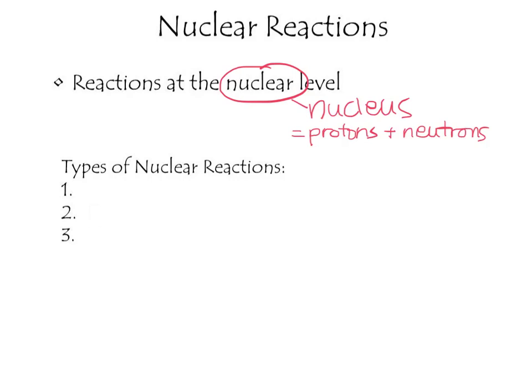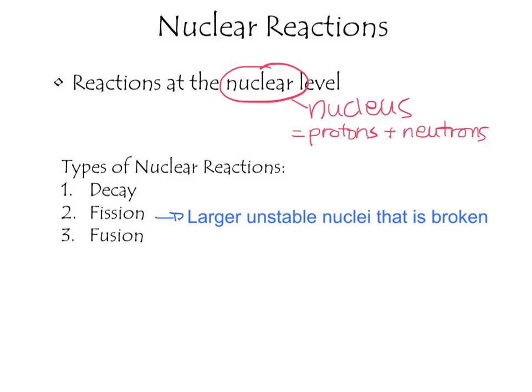There will be three types of reactions dealing with nuclear reactions. The first type is nuclear decay. The second type is nuclear fission. And the final type is nuclear fusion. In nuclear fission, you have a larger unstable nucleus that is bombarded by some particle, such as a neutron or a proton, and it is broken down into smaller nuclei.